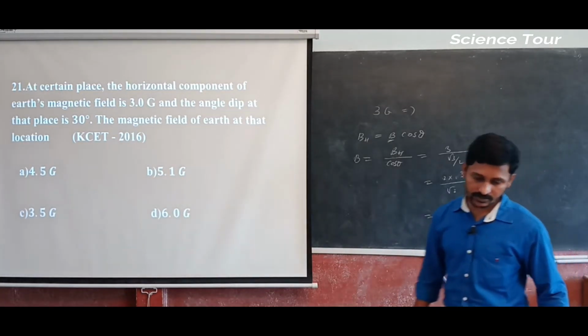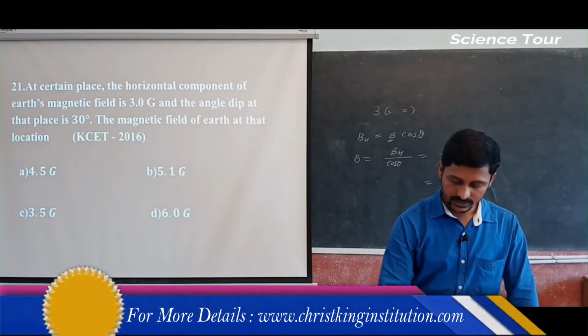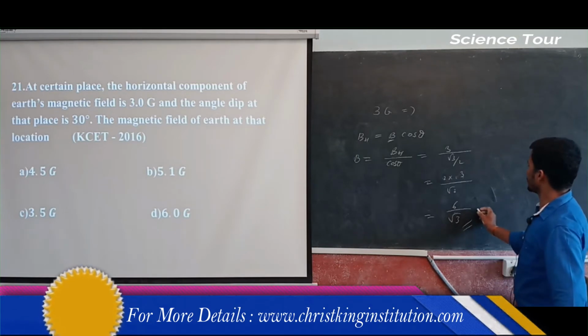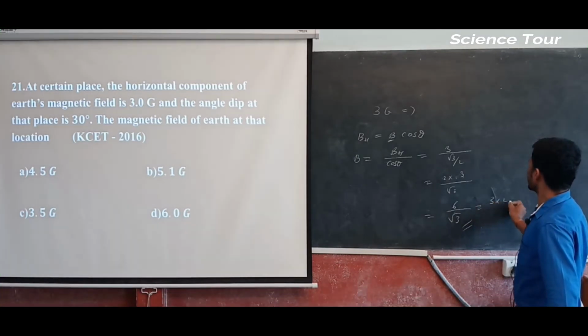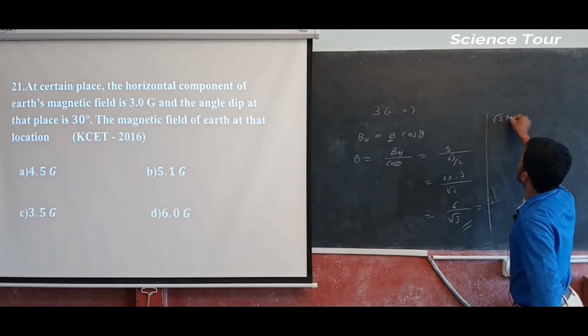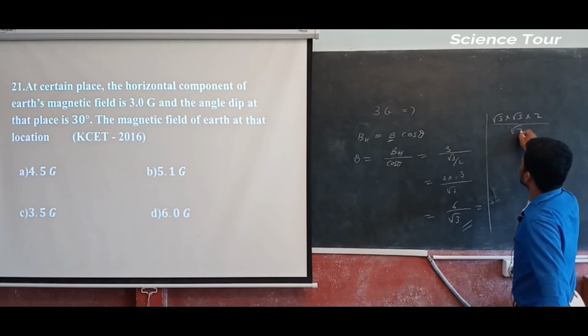And if you calculate, what is the answer you are going to get? Okay, just calculate 6 by root 3, or else you can write it like this. So 3 into 2, isn't it? So this we are going to write as root 3 into 2 divided by root 3.